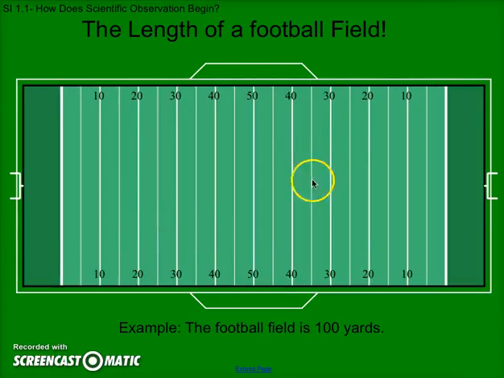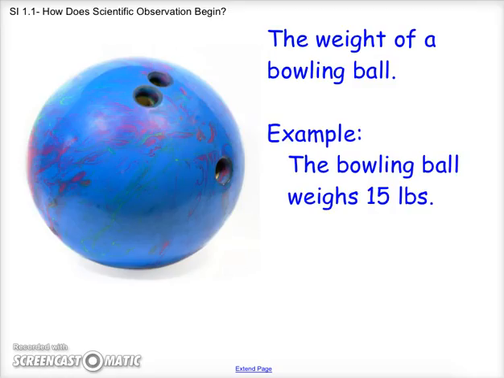The length of the football field. The length of the football field is 100 yards, so this is quantitative. We have a number, 100, and a unit, yards. The weight of a bowling ball. The bowling ball weighs 15 pounds. We have a number and a unit. This would be quantitative.